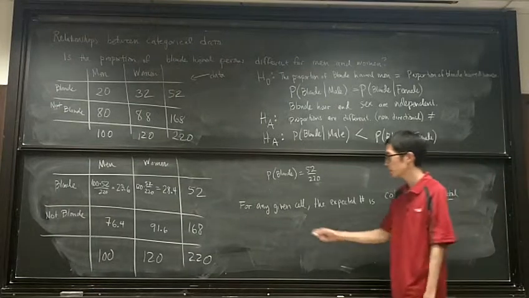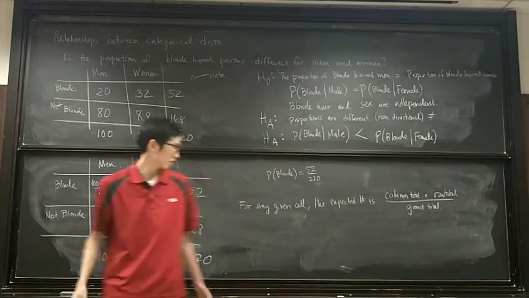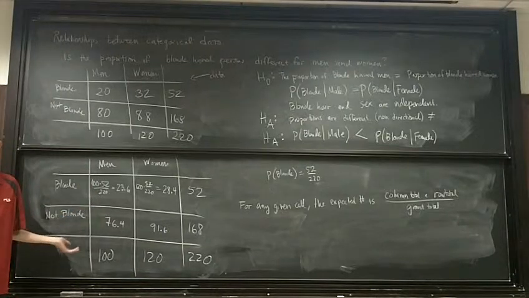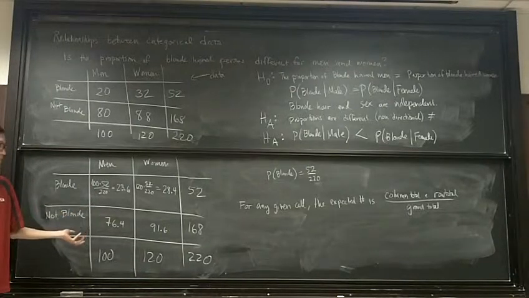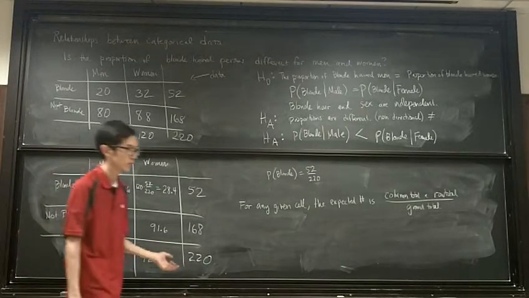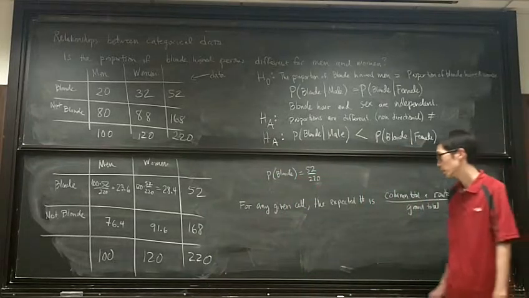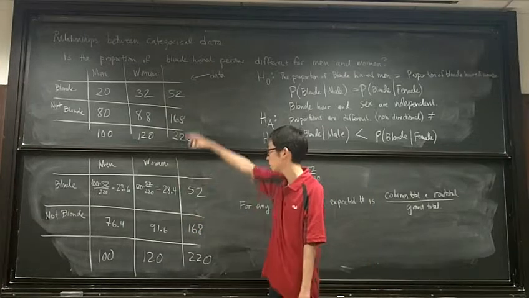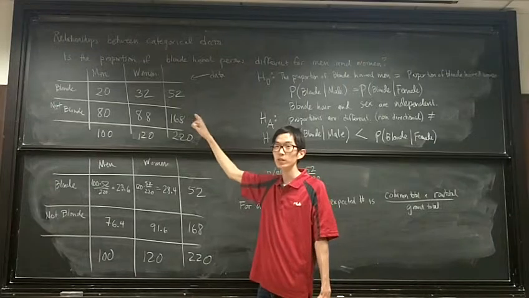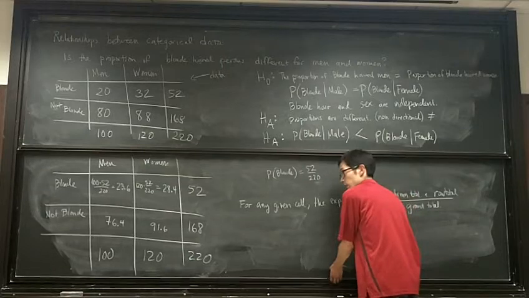Basically we're just taking the overall proportion of blonde-haired people and multiplying it by how many are in that column. So that's how we get our expected numbers. These are the numbers that we expected, and this is what we observed. So we've got to figure out how much what we observed deviated from what we expected, and we do the chi-squared test for that.